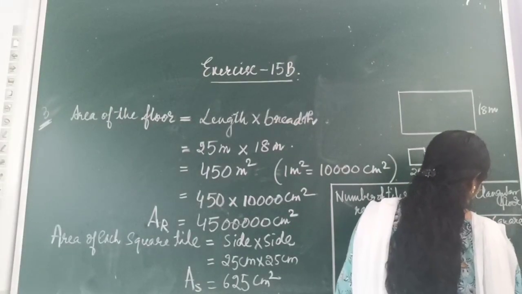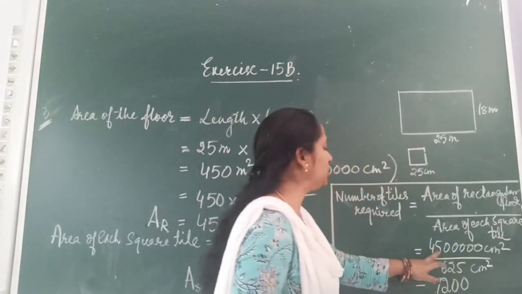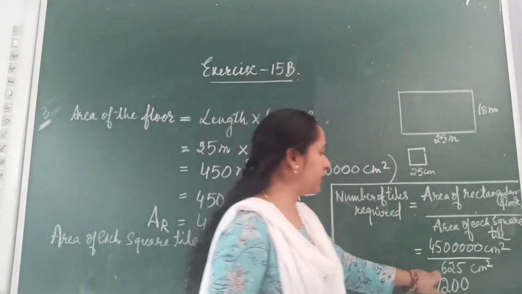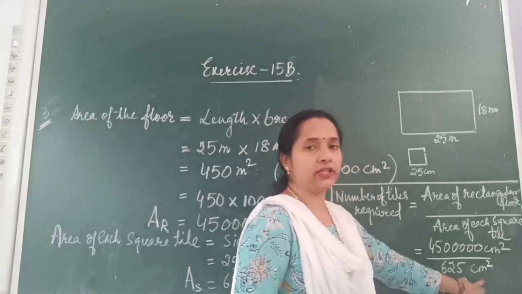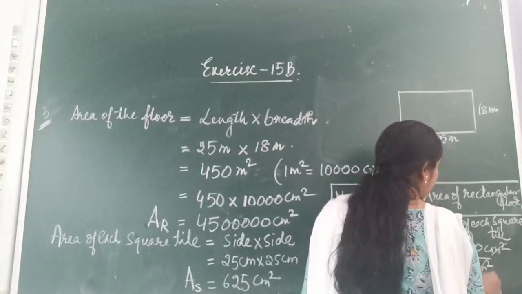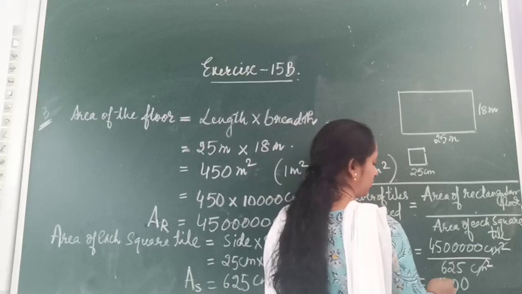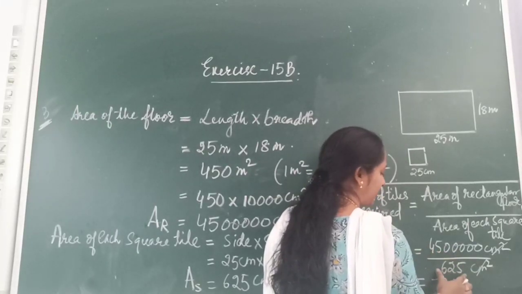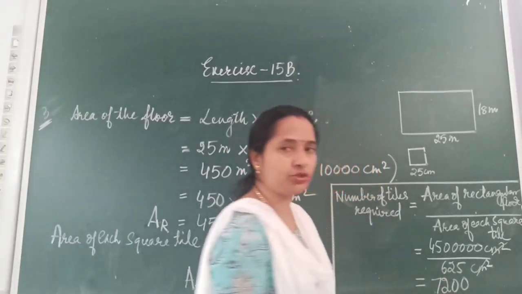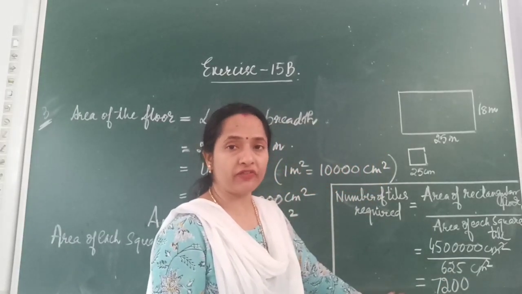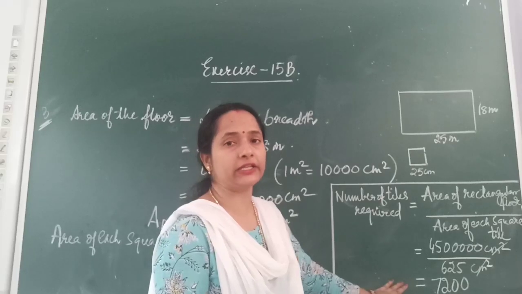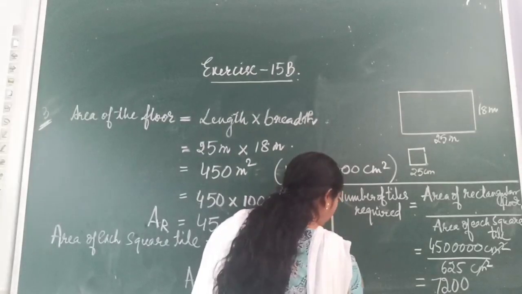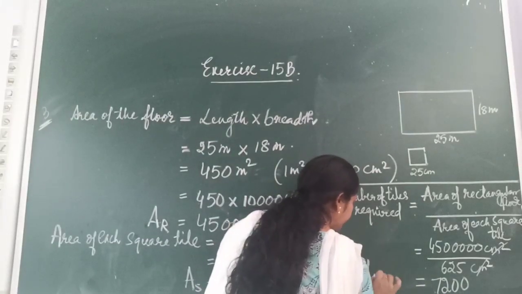The units of both areas are centimeter square, so the units will get cancelled from numerator and denominator, and no units will remain. So 7,200 is the number of tiles required to pave the rectangular floor. Children, this is the way you will find the number of tiles.